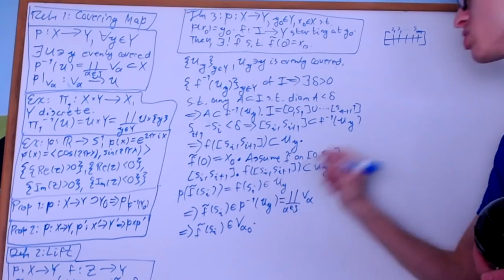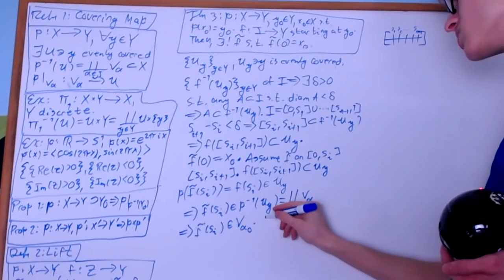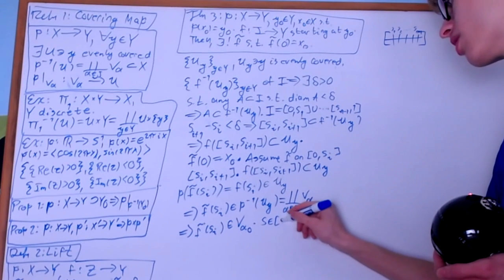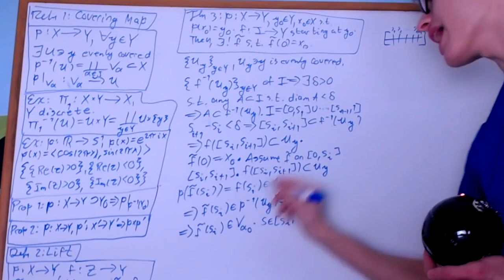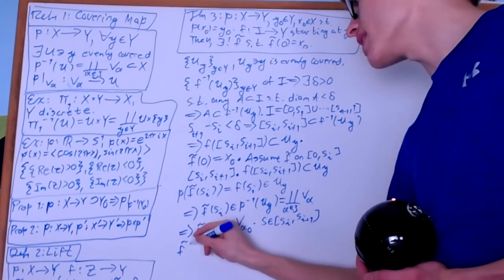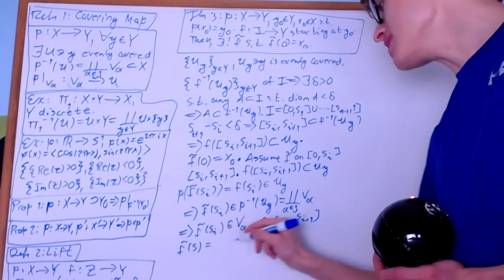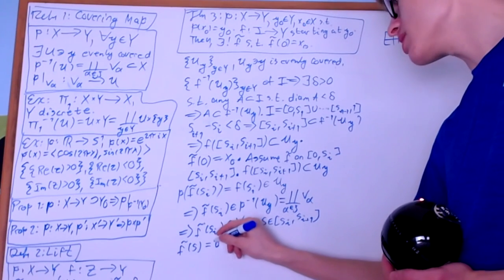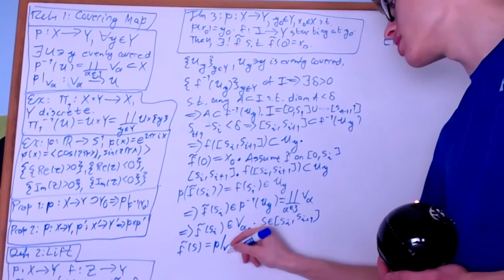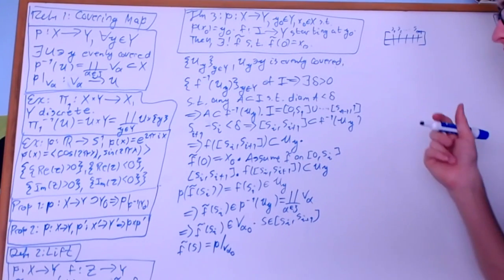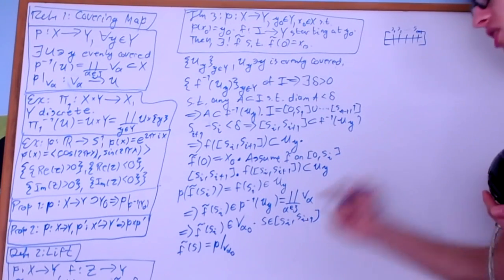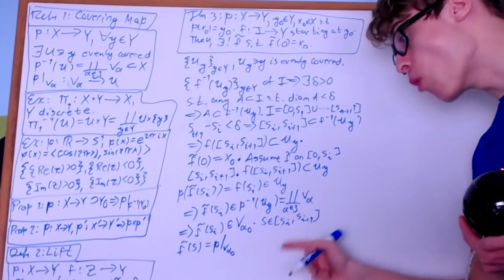Now I'm going to use this fact to define it. So say we have S, an element of Si to Si plus 1. Then I will define f tilde of S to be equal to P restricted to V alpha naught inverse, composed with f. Now, what is P restricted to V alpha naught? Well, by the definition of a covering map, it is going to be a homeomorphism.